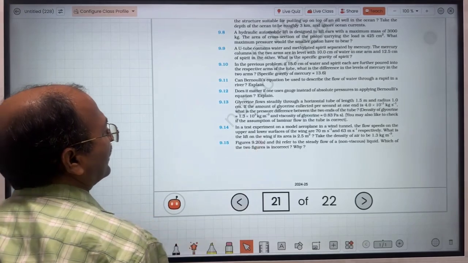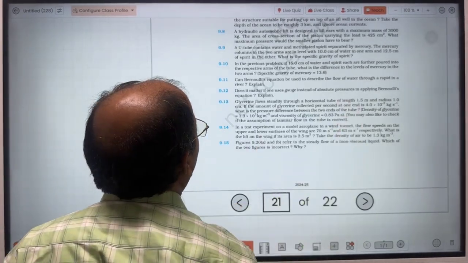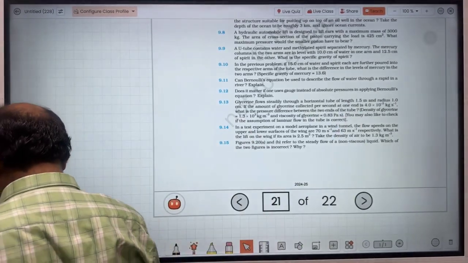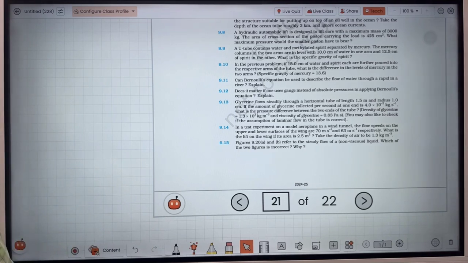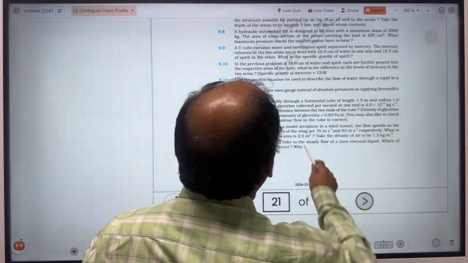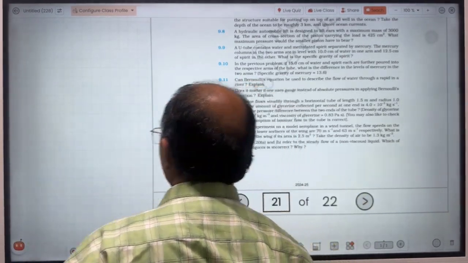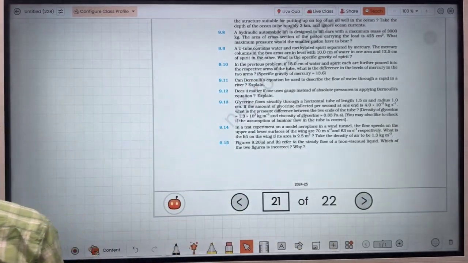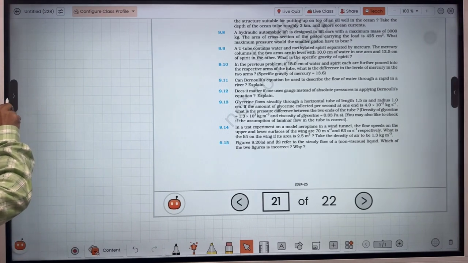So we are not going to check that, but before that we will solve the question. So let's see. Here we have to find out the pressure difference. There is one formula called the Poiseuille formula.